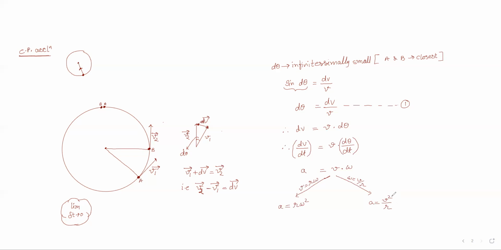And thus, we can summarize the formulae for centripetal acceleration like acceleration is equal to v omega, which can be written as r omega square, or it can be written as v square divided by r. We can use this understanding to discuss something called centripetal force.